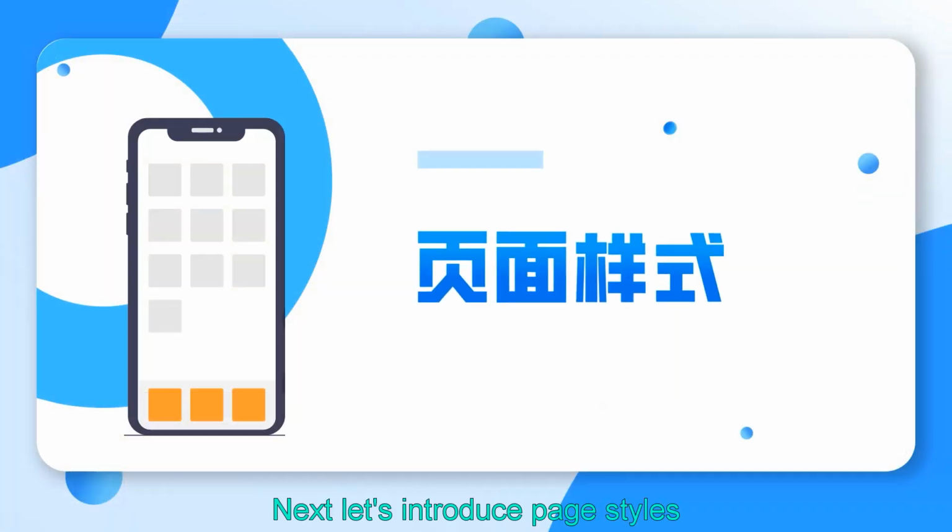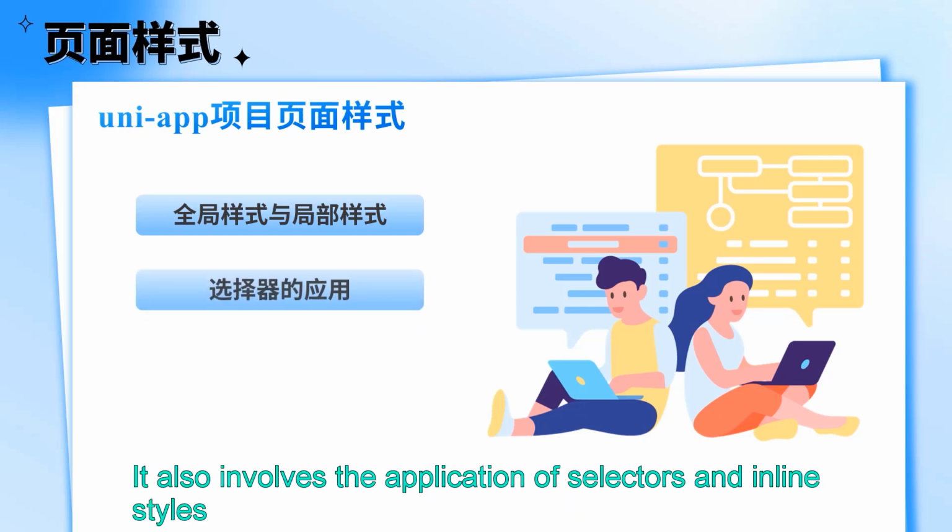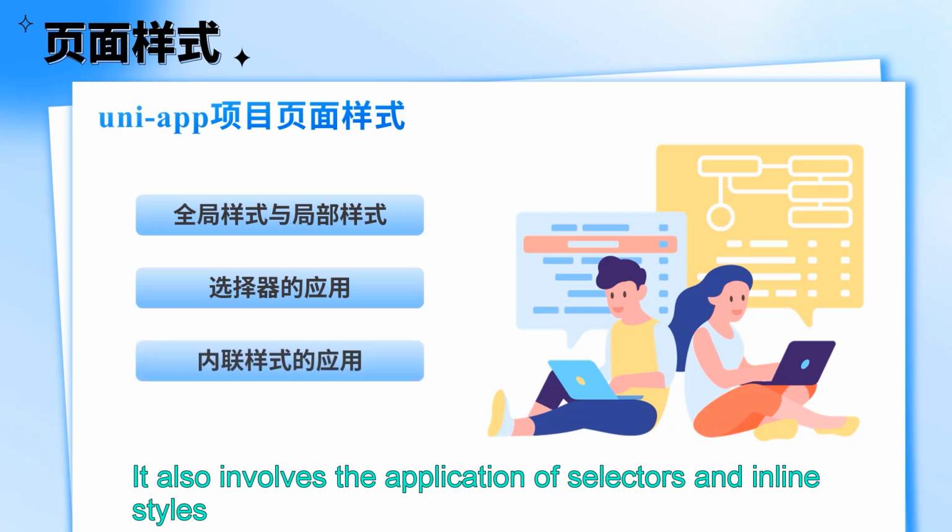Next, let's introduce page styles. UniApp's page styles include global styles and local styles. It also involves the application of selectors and inline styles.